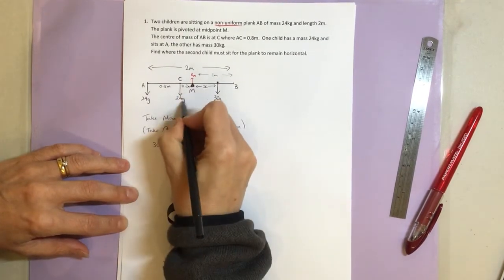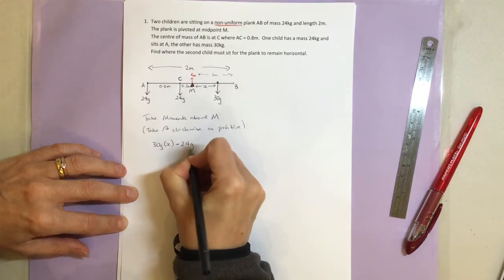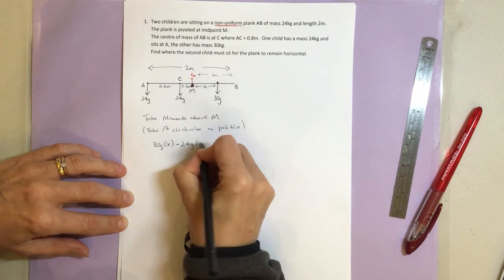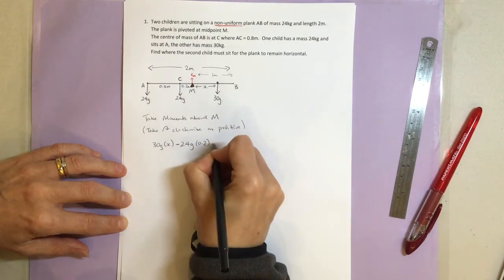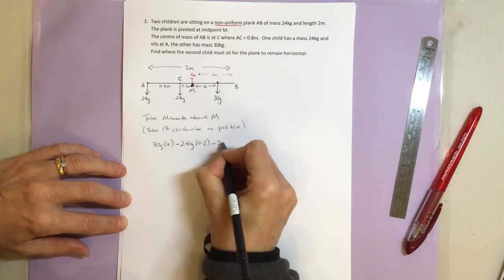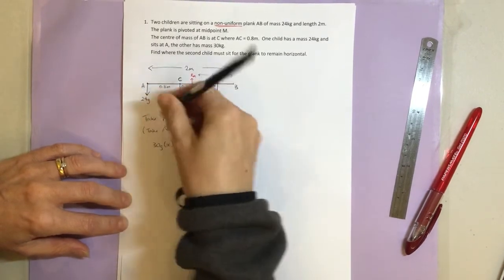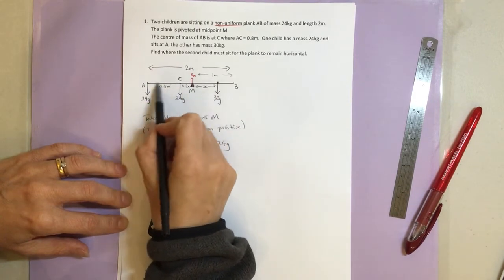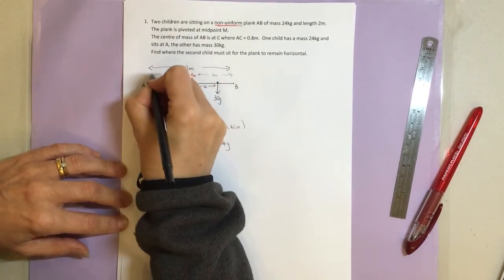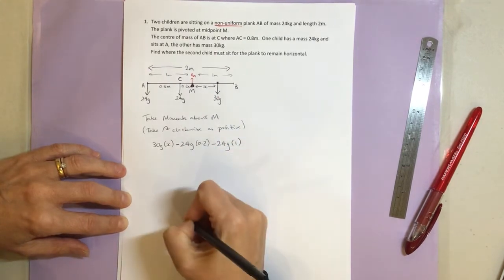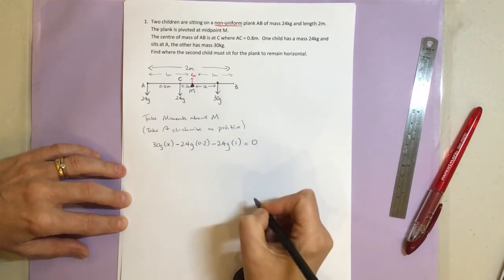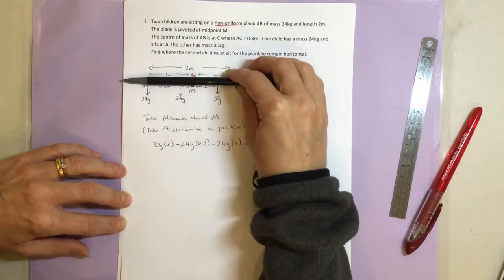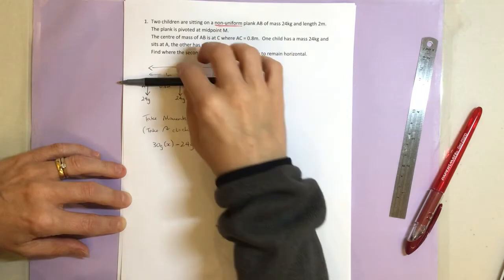Then we've got minus 24, minus because it's going in the anti-clockwise direction. 24g is my force, 0.2 is my perpendicular distance from point M. And then this one, again negative because it's tending to turn us in the anti-clockwise direction: 24g, and this time times this full 1 metre to M there. And the sum of those is going to give us 0, because that's what we want. We want this equilibrium. We want this to be stationary, where these children are balanced on this plank.